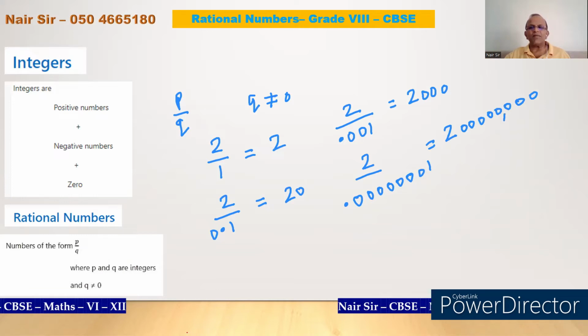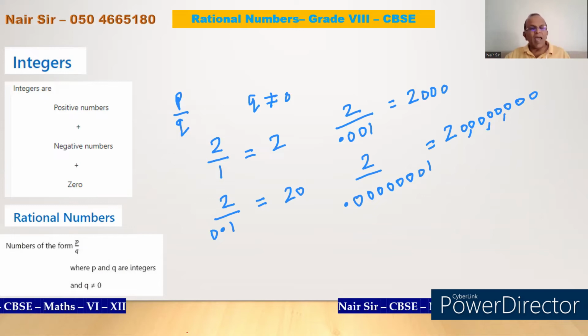And what is this? Indian system. You have studied that when you were in grade 6th. This is nothing else but 100, 1000, lakh, crore. 20 crore.